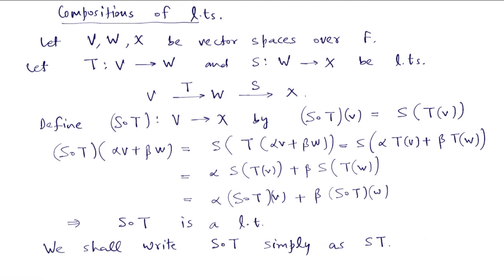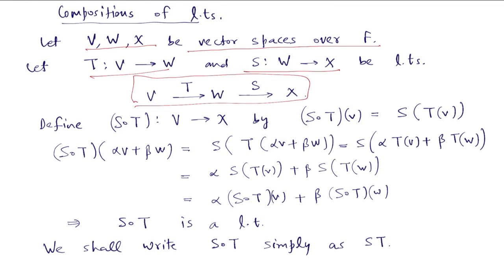The last operation that we will define on linear transformations is composition of linear transformations. This is simply composition of functions. So let V, W, X be three vector spaces over the same field F. Let T from V to W and S from W to X be linear transformations. So we have this picture.